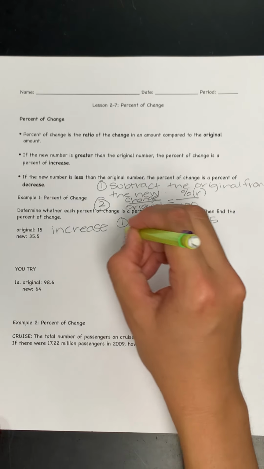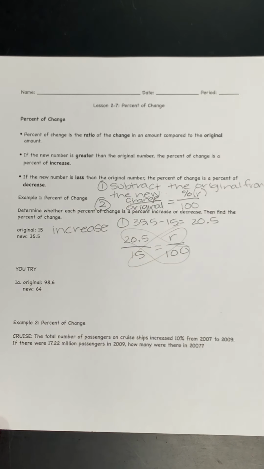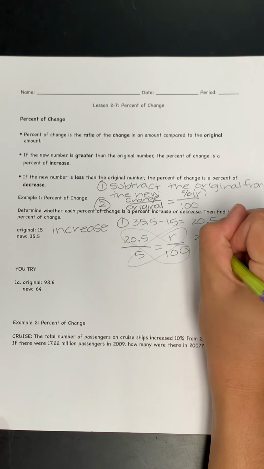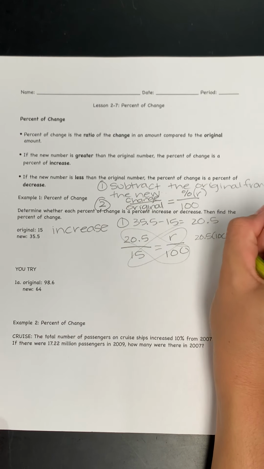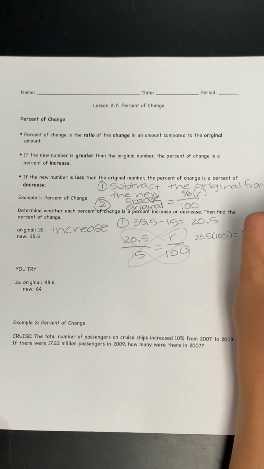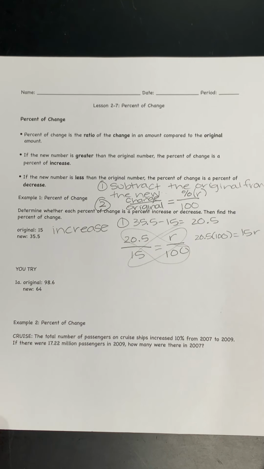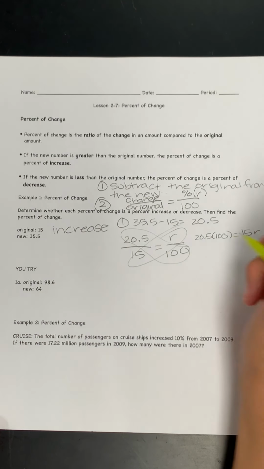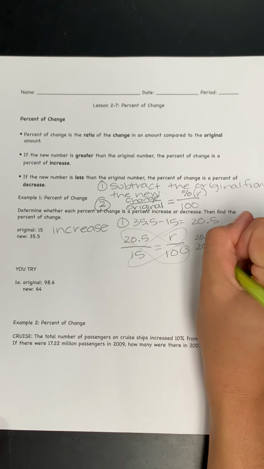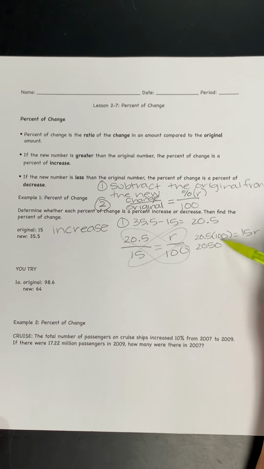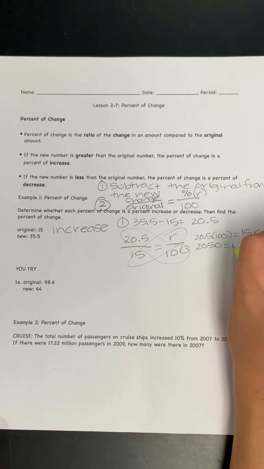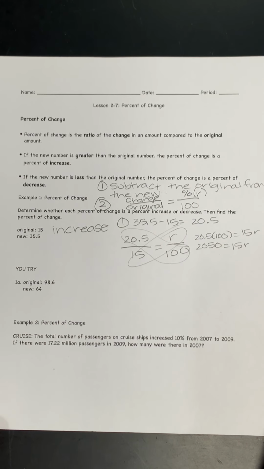I'm going to do my proportion strategy by doing cross products. So I'm taking 20.5 times 100, and I'm setting it equal to 15R. If I take 20.5 times 100, I actually get 2050. I'm just moving the decimal 2 places to the right, setting it equal to 15R.